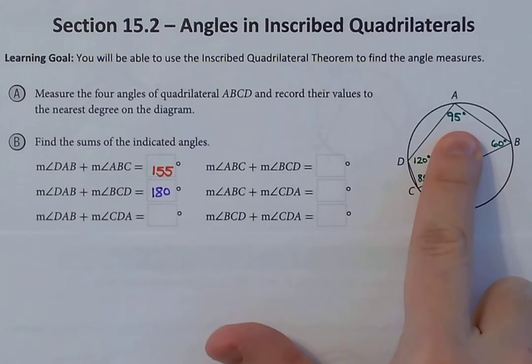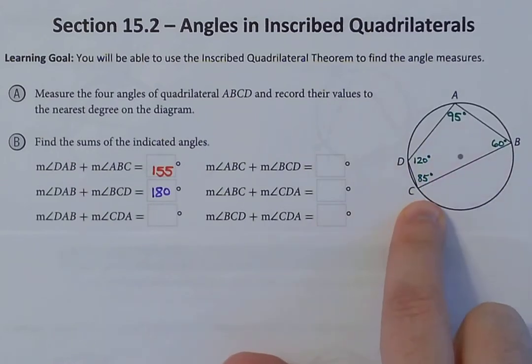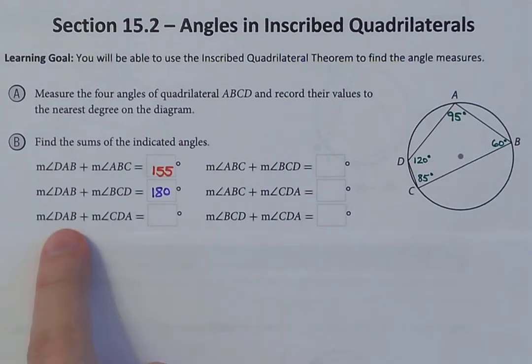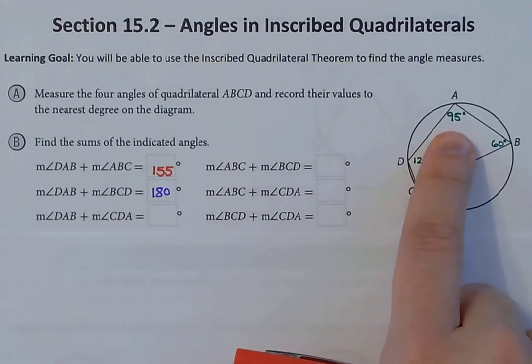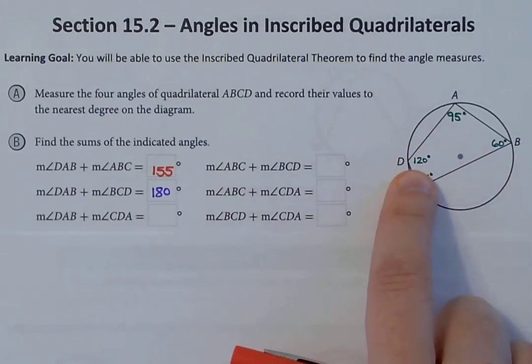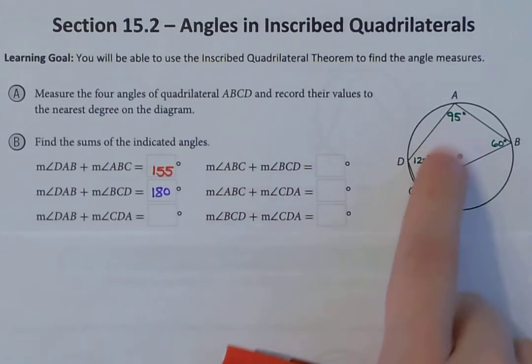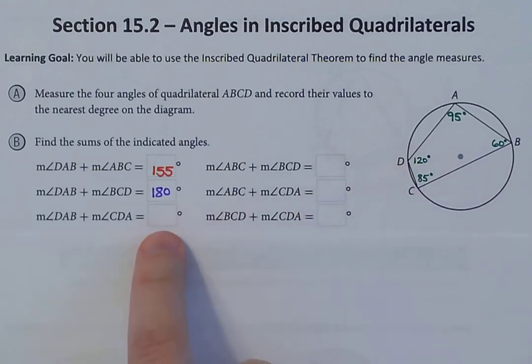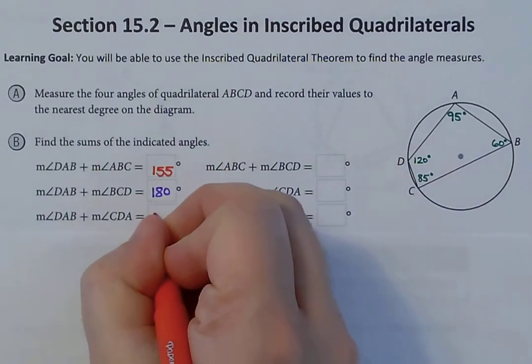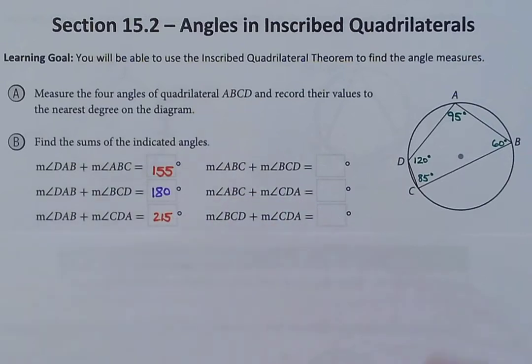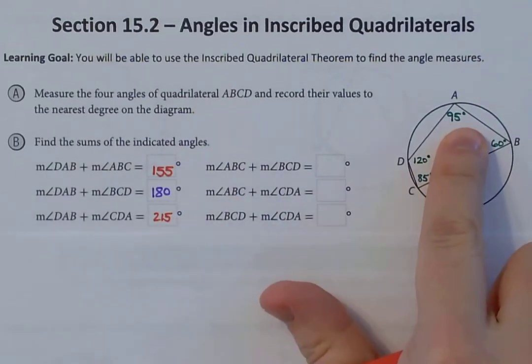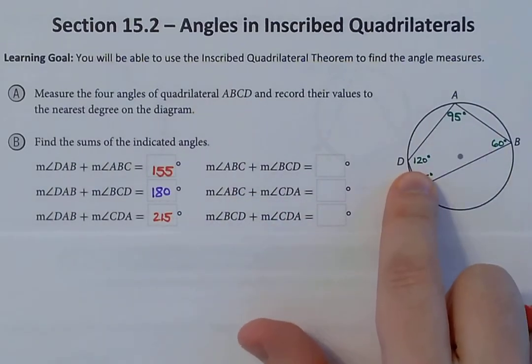Now, if I run through the rest of these, the measure of angle A and the measure of angle D. So A is 95 degrees, D is 120. So if we do 95 plus 120, we get 215. So that's angle A and angle D.